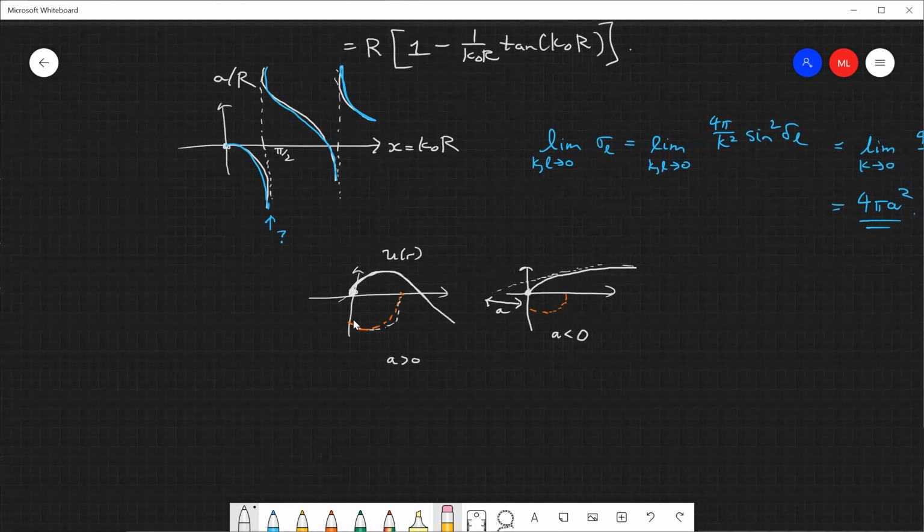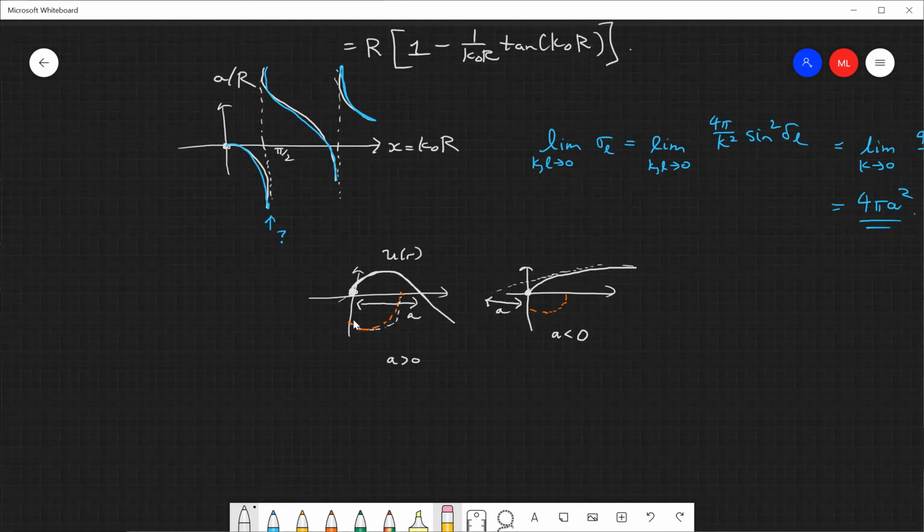And then as the whole thing just turns over, the positive scattering length tells you about the size of the wave function corresponding to that bound state in the well. So that's very hand-wavy intuition, but it's nice intuition.